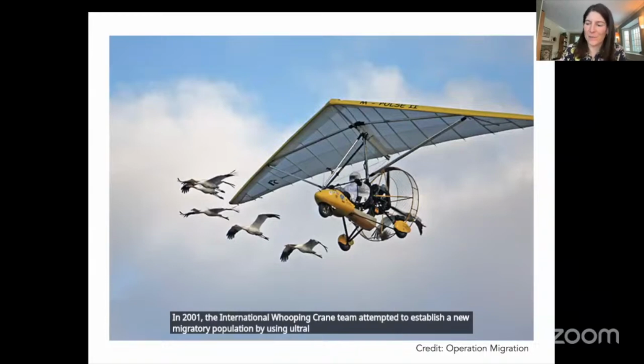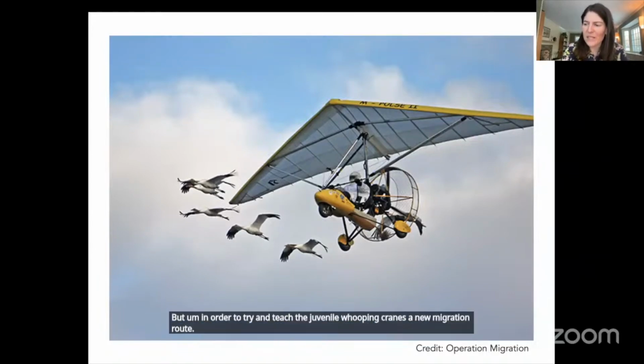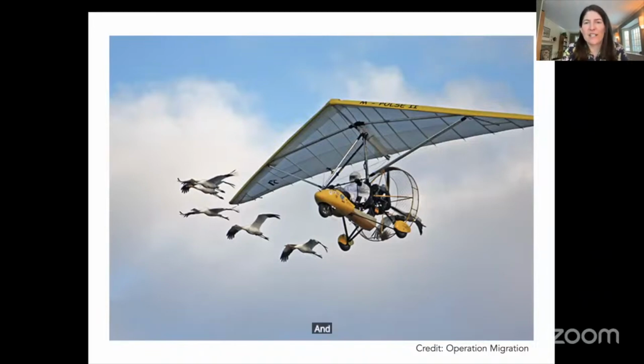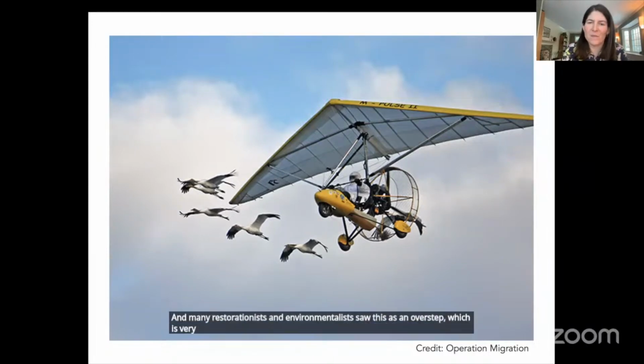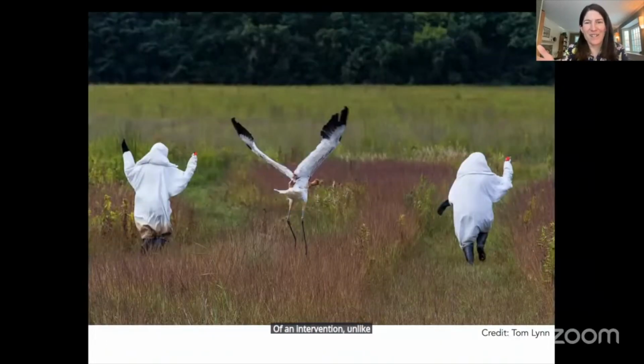You can see the person driving the aircraft is dressed up as an adult whooping crane, in order to try and teach the juvenile whooping cranes a new migration route. And many restorationists and environmentalists saw this as an overstep, which is very interesting. This seemed too artificial of an intervention, unlike this situation.